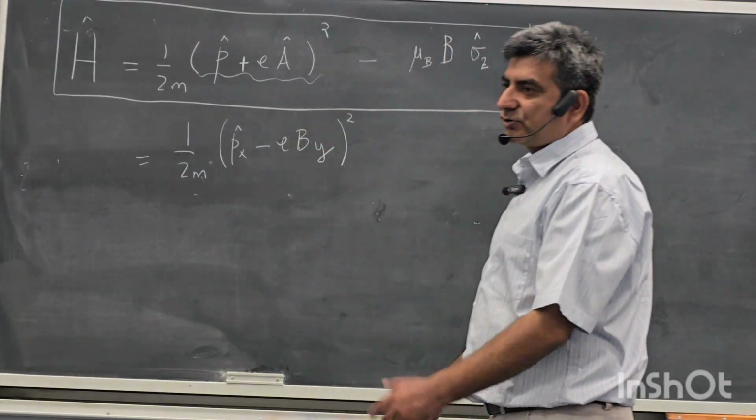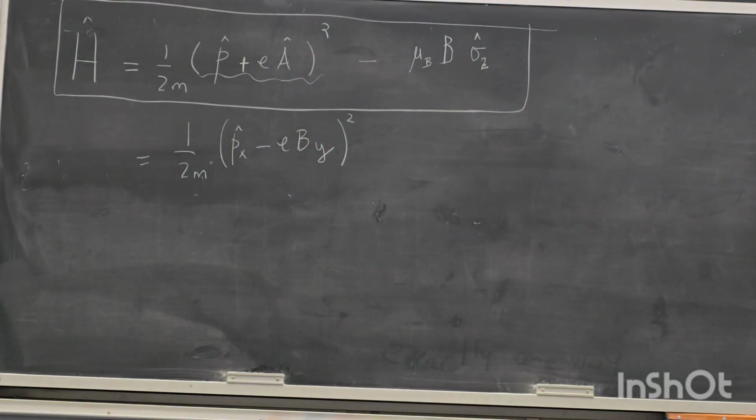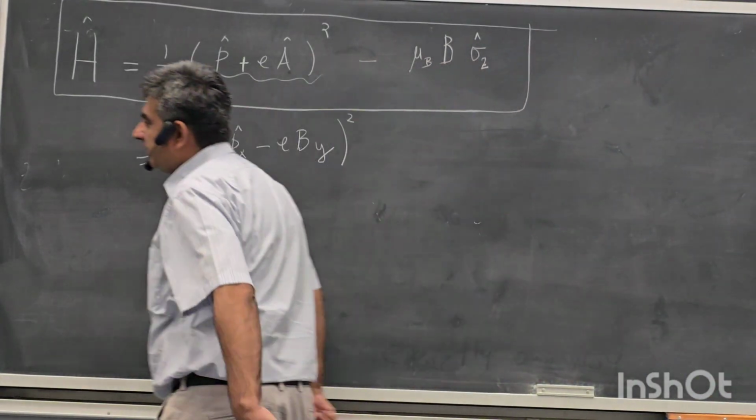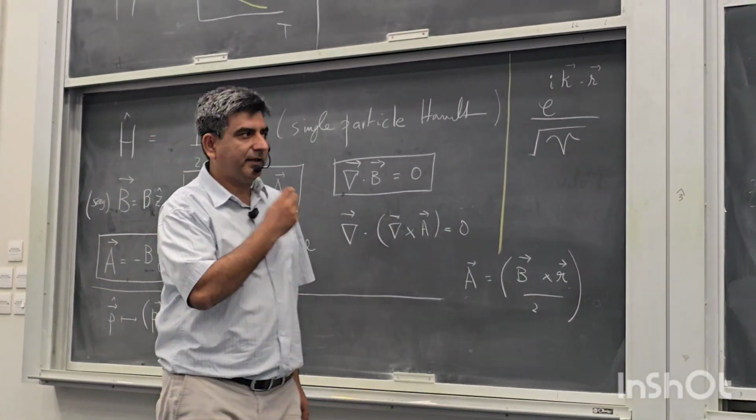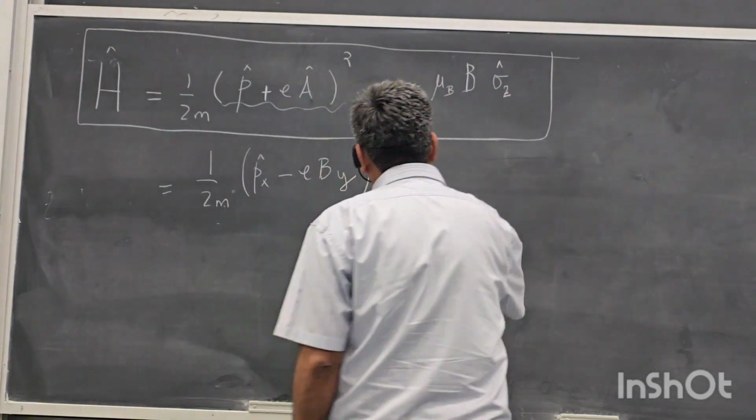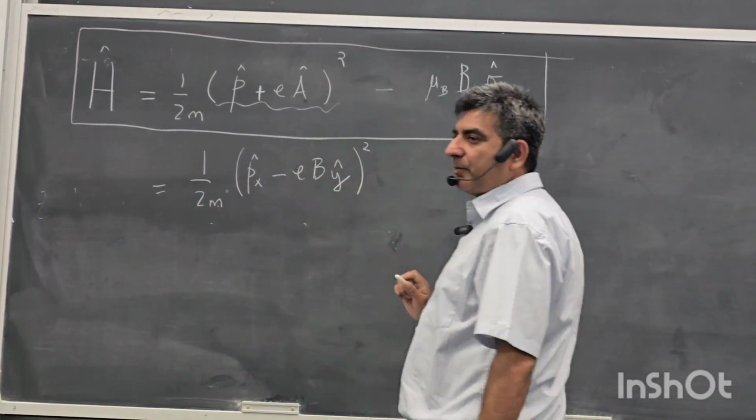This is the x component of the canonical momentum, because I have replaced A with minus By. Okay. This y is another operator because I am dealing with operators.